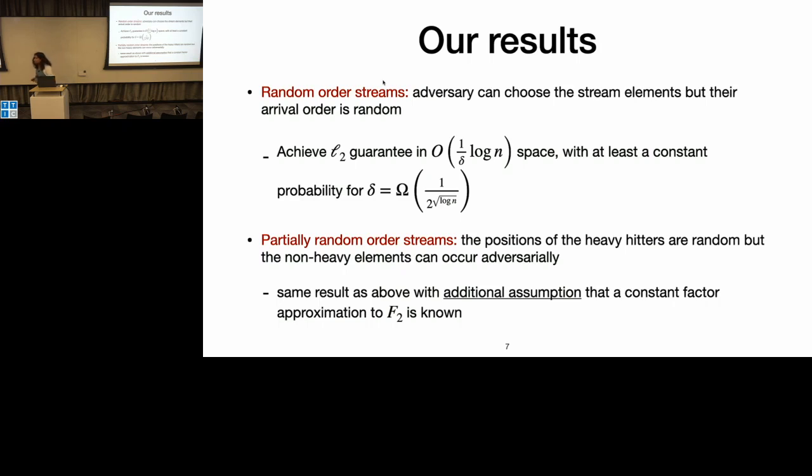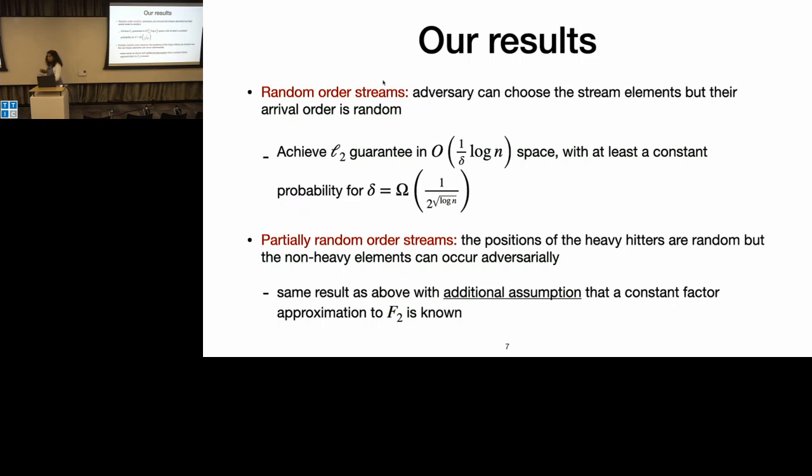For the strict turnstile model, where you don't let the frequency go below 0, what does it mean to have a random order? I actually don't know. Random order is defined for insertion-only streams. What if you end up deleting something before it was even added? Sorry, this is all only for insertion-only streams.